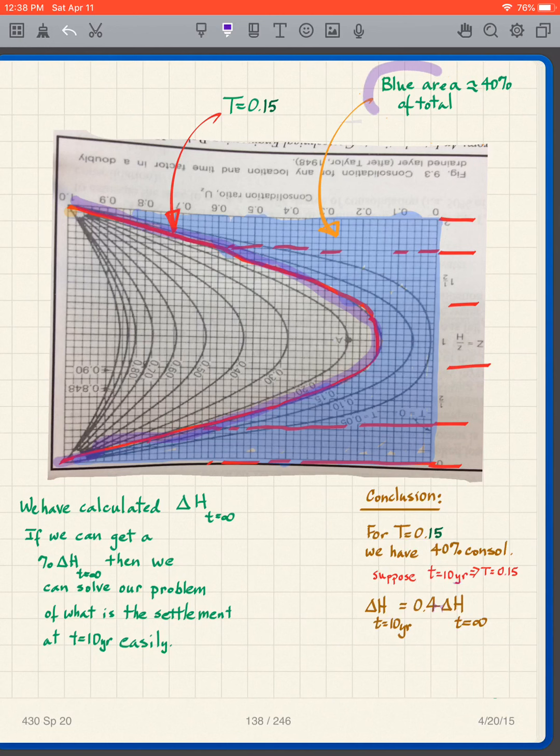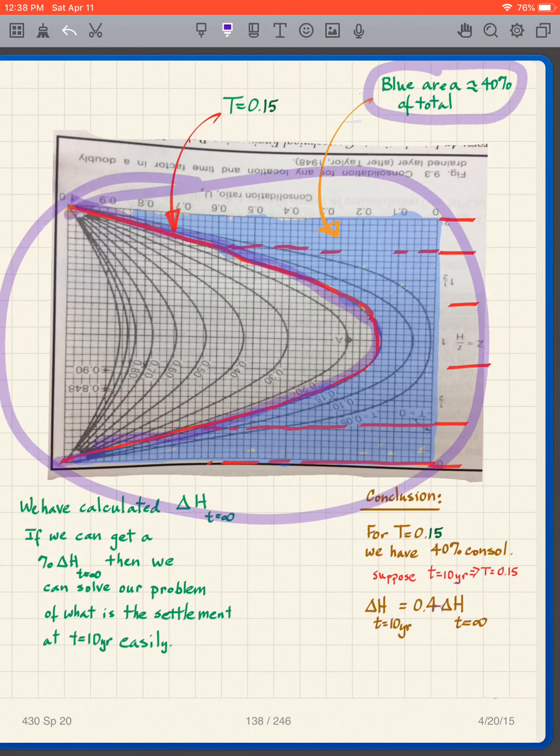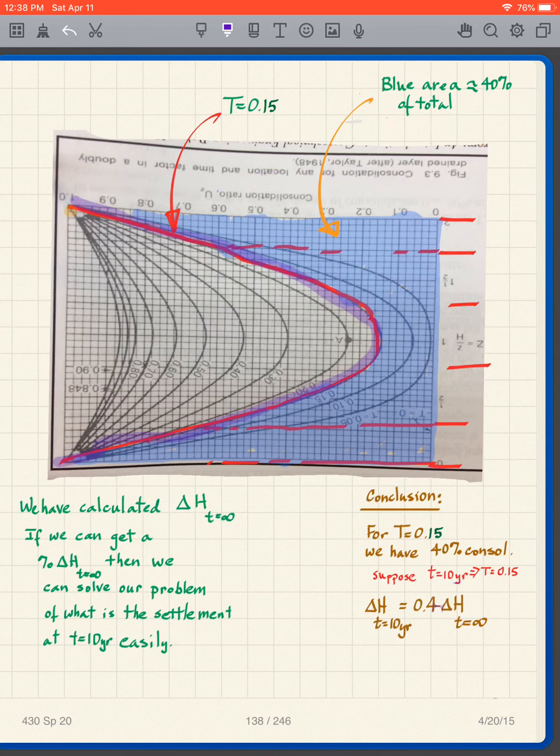So for instance, if this blue area represents 40% of the total area, then I have what's called 40% consolidation, meaning that I have 40% of my delta H at time infinity.